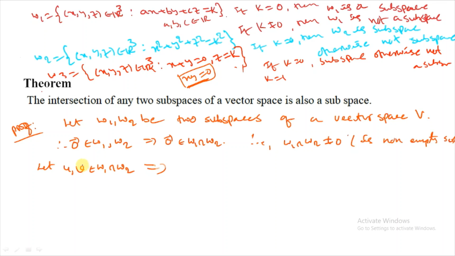When the two vectors are in W1 intersection W2, it means u, v belong to W1 and u, v belong to W2.